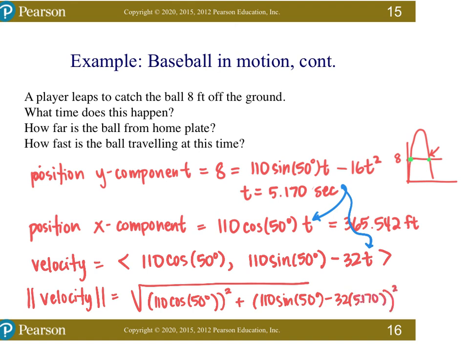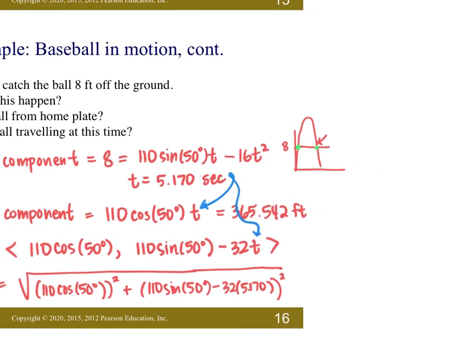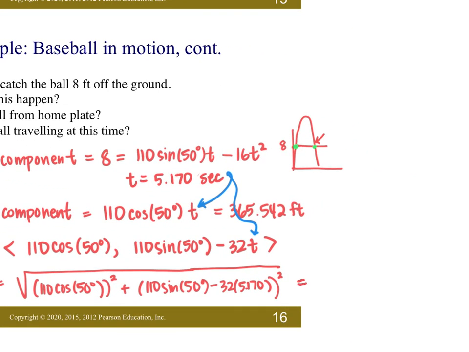That whole quantity squared. Now make sure you use all your parentheses correctly and that you're squaring the entire quantity that you need to square. And if you do it right, you should end up with 107.648, and the units on that are feet per second.